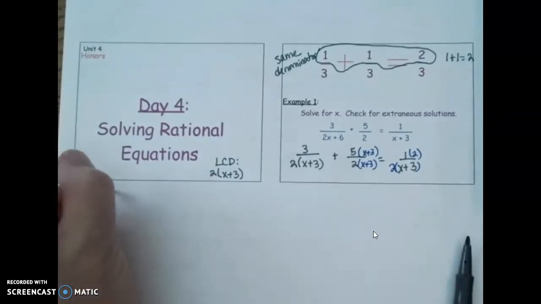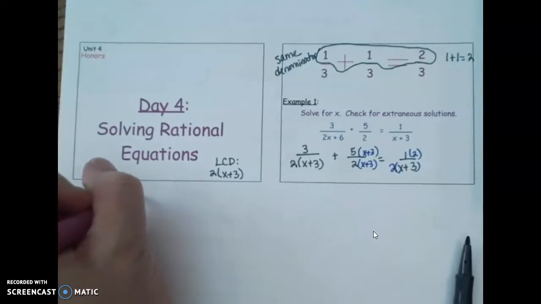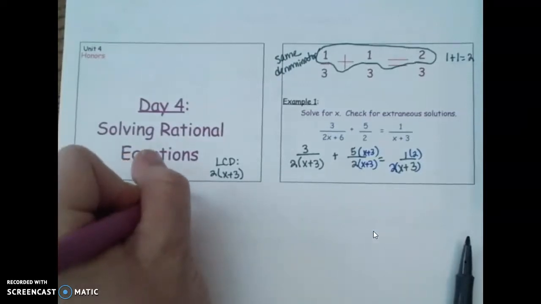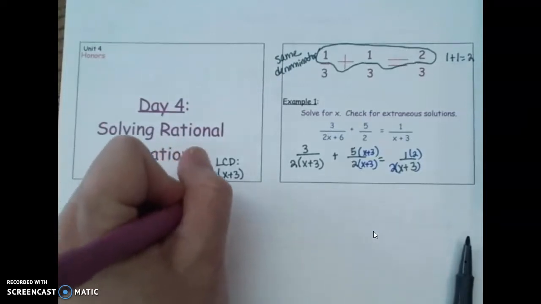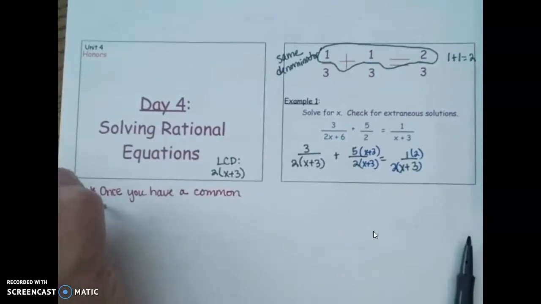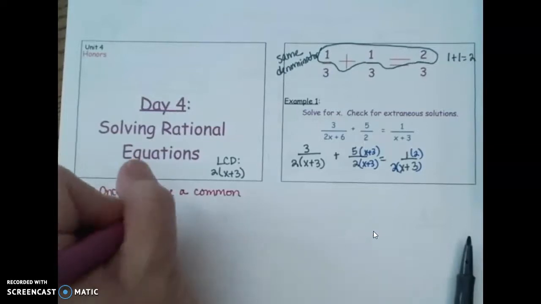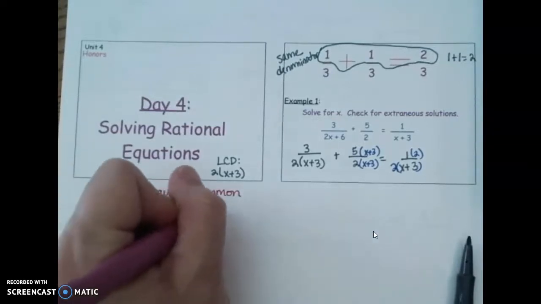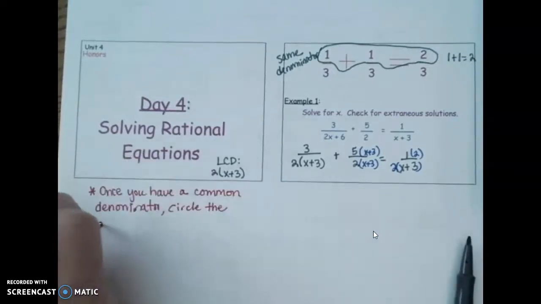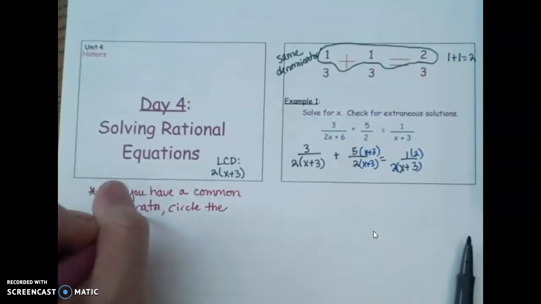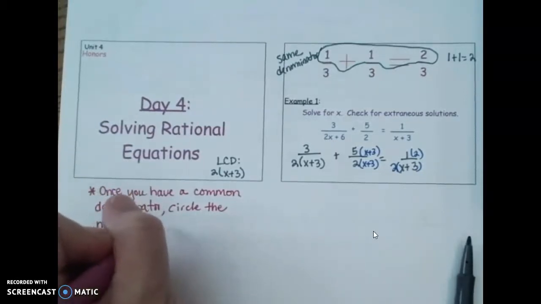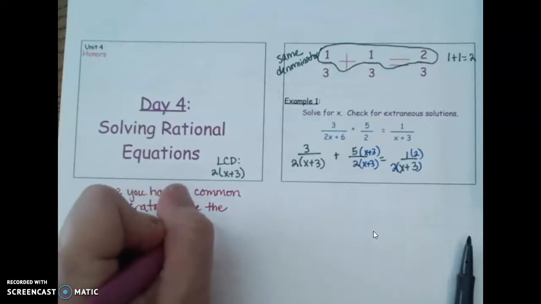So once you've got common denominators all the way across, once you have a common denominator, circle the numerator, and solve the equation.